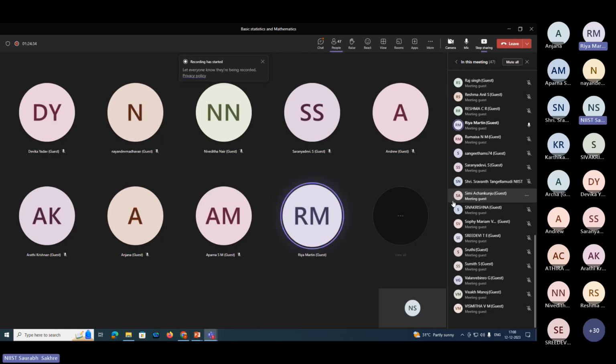So Ria, can you briefly explain the difference between grouped and ungrouped data, and in what situation we should collect each?